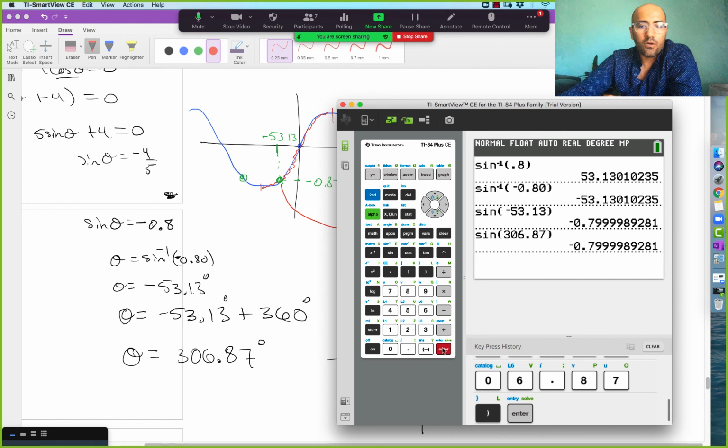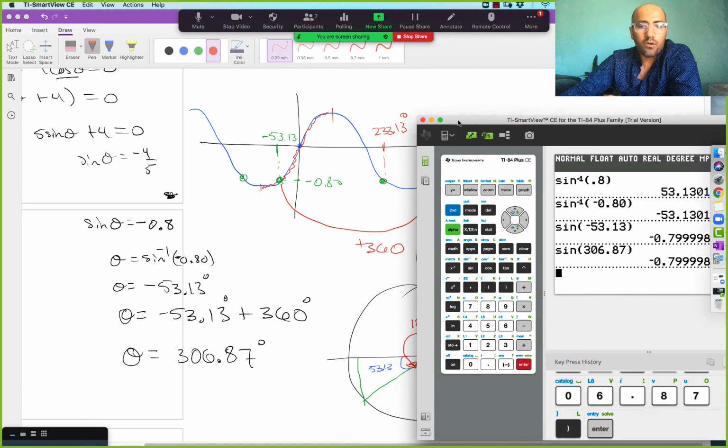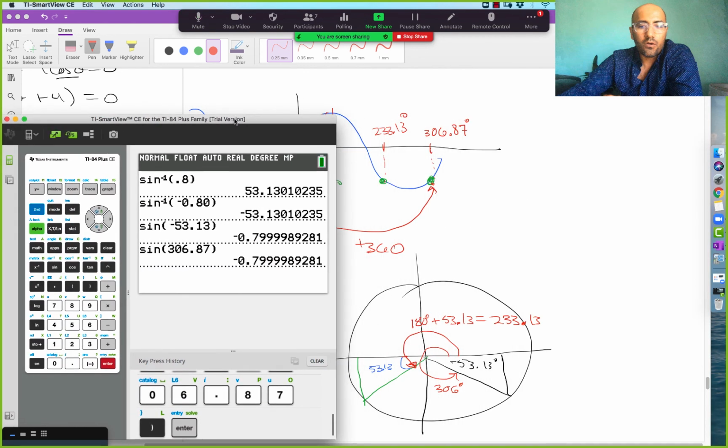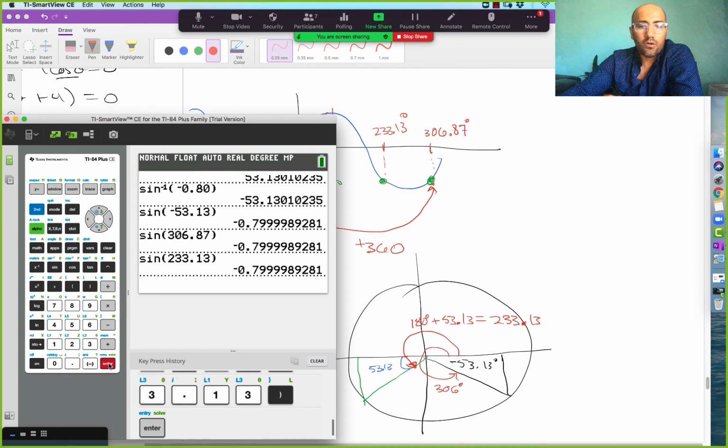And then sine of 233.13 also gives you the same output. No matter how you slice it, you get negative 0.8.